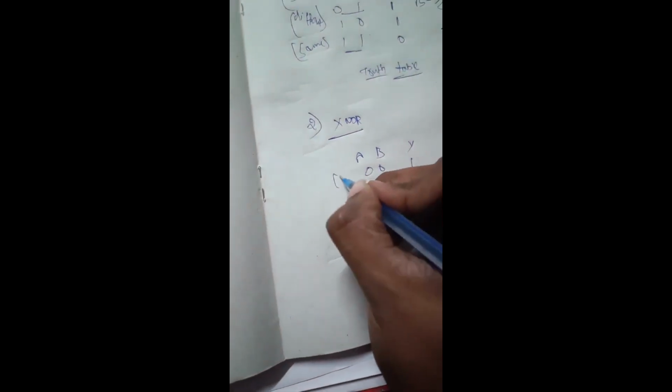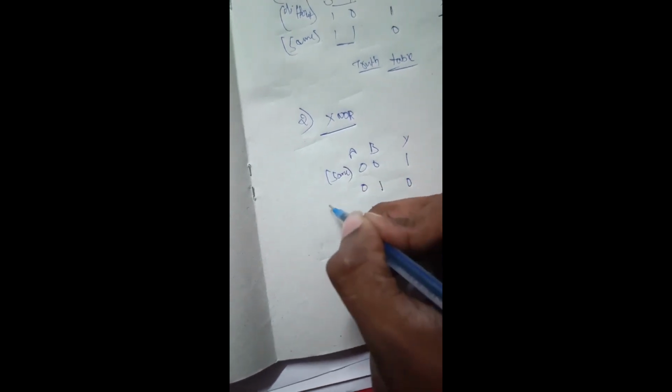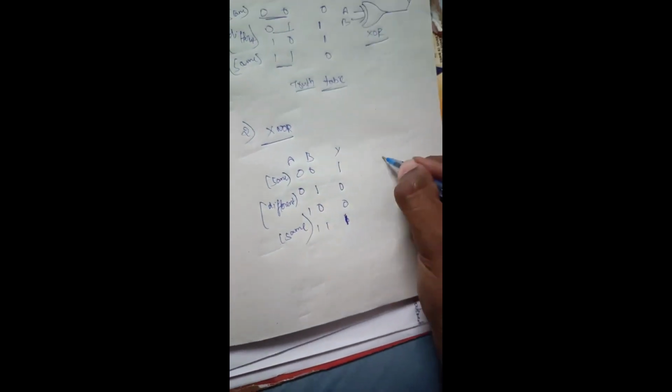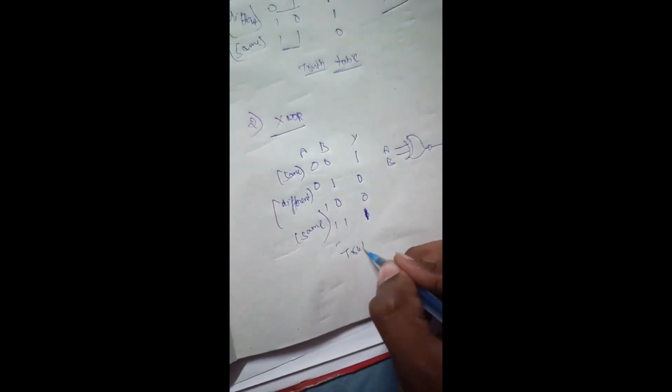These are the same inputs, these are different logics, and this is the same input. And the symbol for the XNOR gate is A, B, and the output is Y. This is the truth table for the XNOR gate.